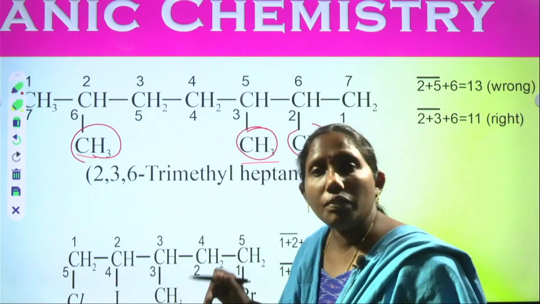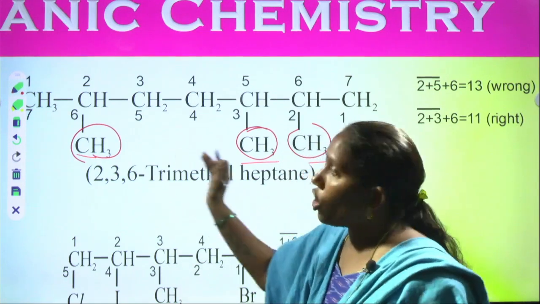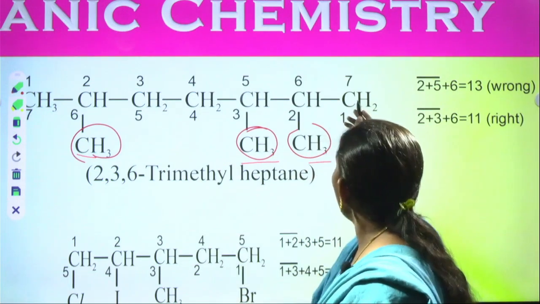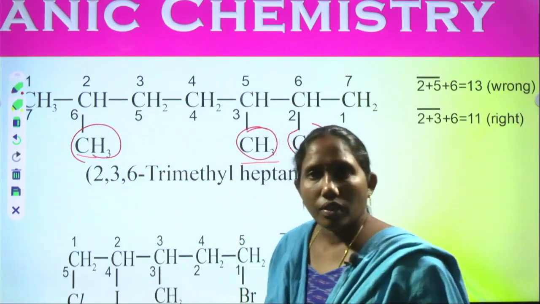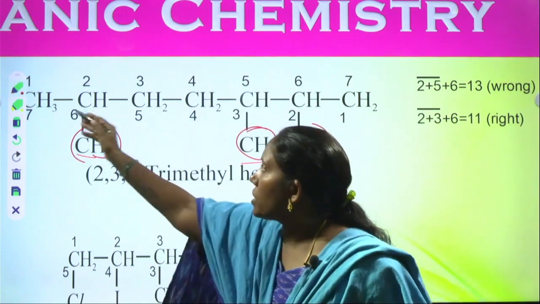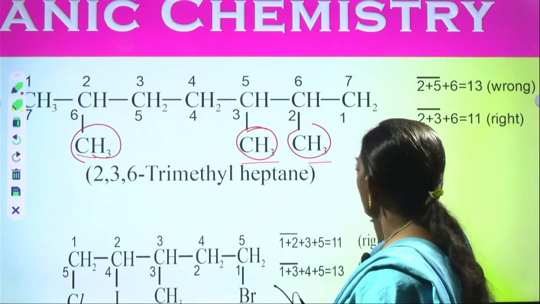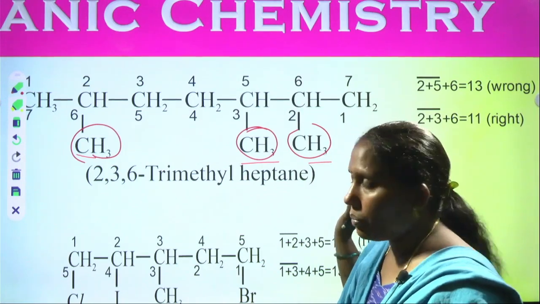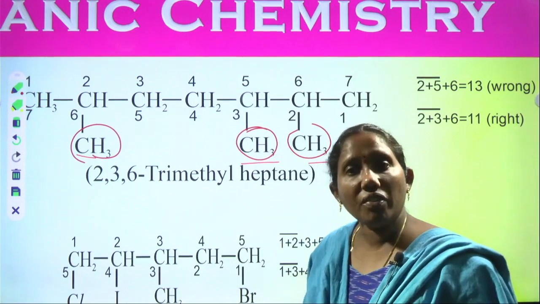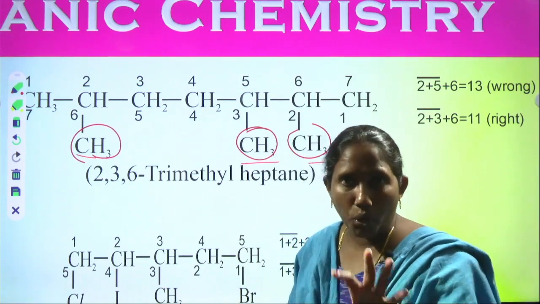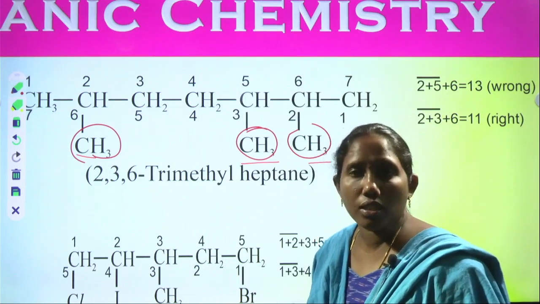So here we have to follow the lowest sum rule. First select the longest chain. 1, 2, 3, 4, 5, 6, 7. Obviously this is the longest chain, and all are single bonds only. So root word and primary suffix are clear. But in the prefix, which one should come first is important to us. Here we have to follow the lowest sum rule.